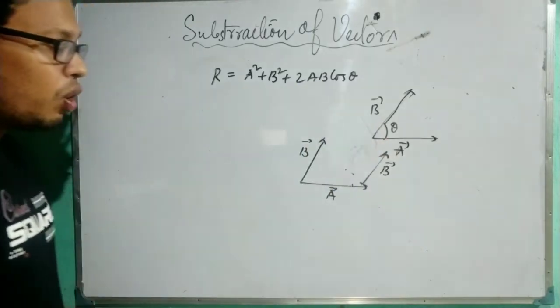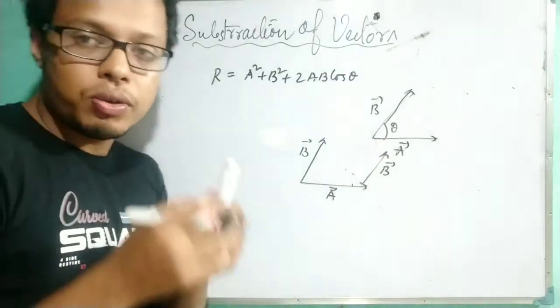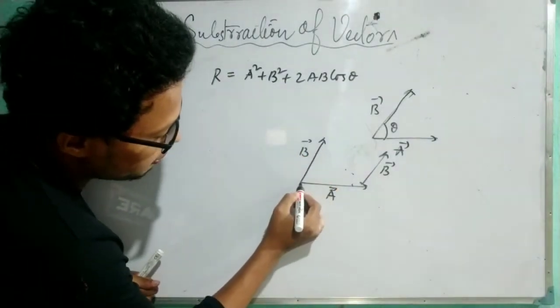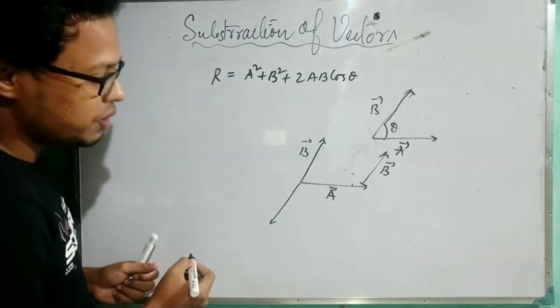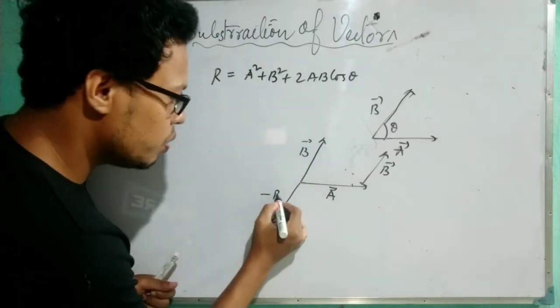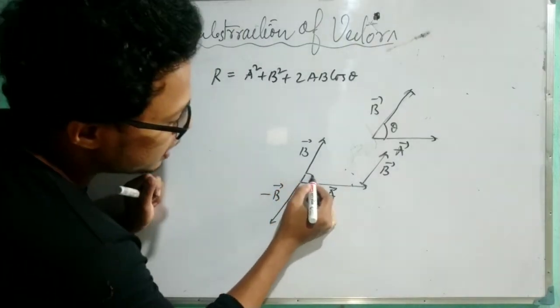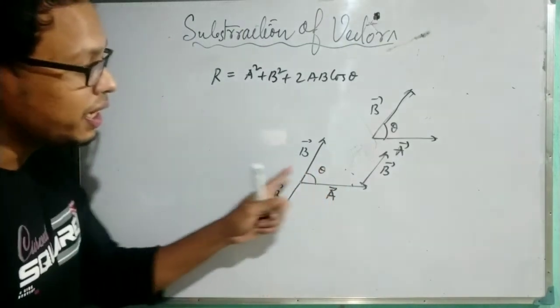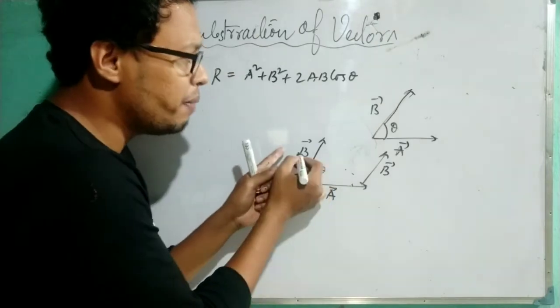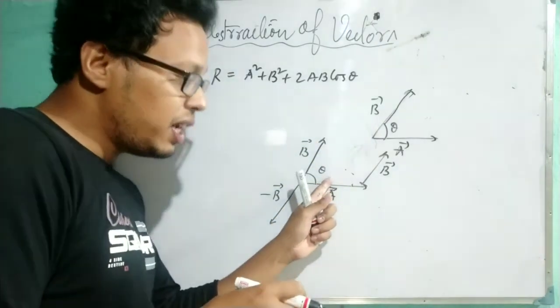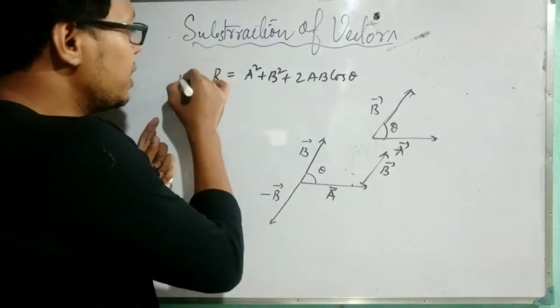Now in case of subtraction, what I told, reverse the vector B, means I am drawing this vector along this direction. So this will obviously be minus B. Now consider this angle is theta. Theta is the angle between A and B, and when you are finding the resultant, take that theta between A and B in case of addition.